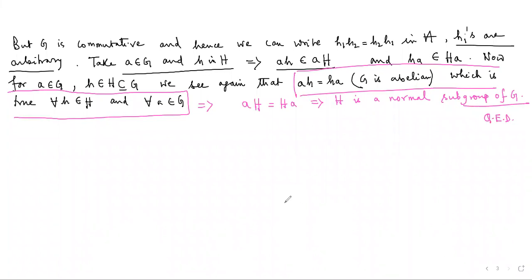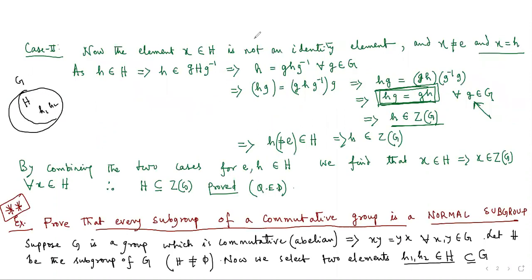So if I give you a commutative group and I choose a subgroup from there, and I ask whether this subgroup can be considered a normal subgroup or not, then you will immediately reply in the affirmative. So please do remember this result. It is very useful, very important also.